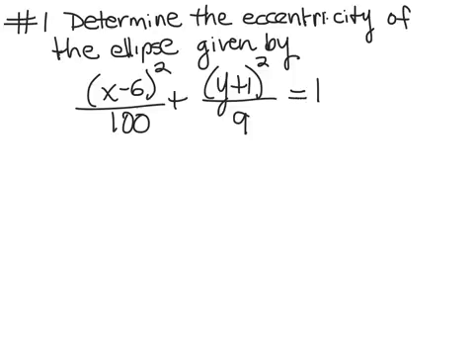So here I need to know what c is. I know that a is the biggest number, which is this one, so this is a squared, and this is b squared. The 9 is b squared.